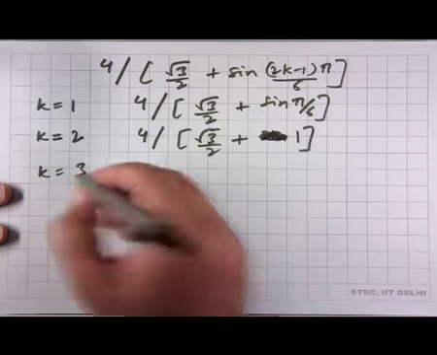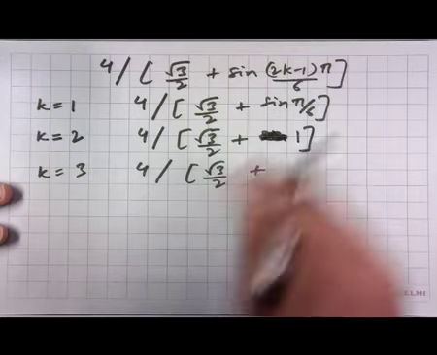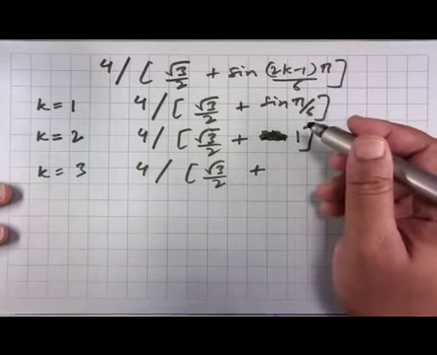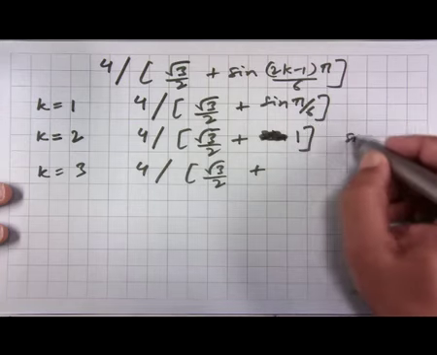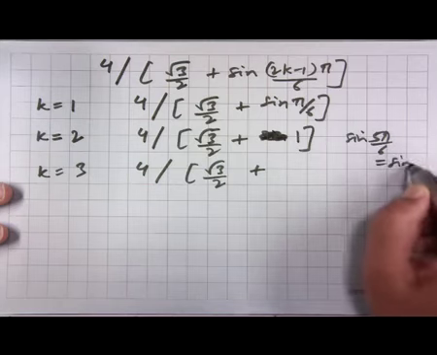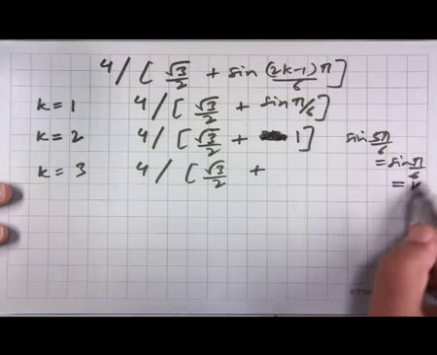K equal to 3, we get 4 over square root of 3 over 2 plus sine of 5 pi by 6. But sine of 5 pi by 6 is the same as sine of pi over 6, and sine of pi by 6 is exactly equal to half.